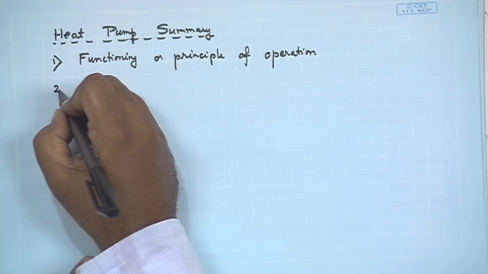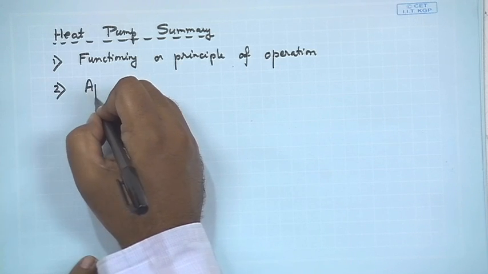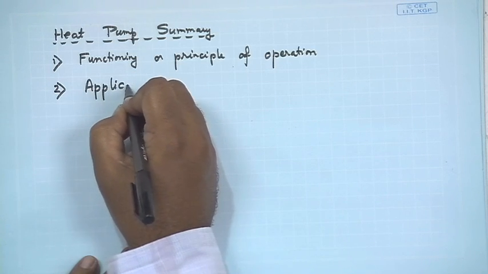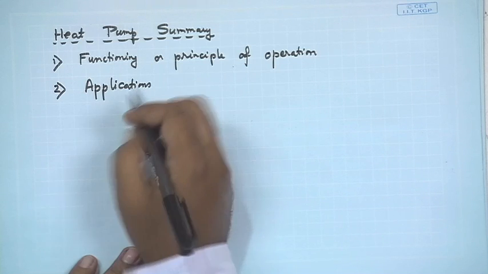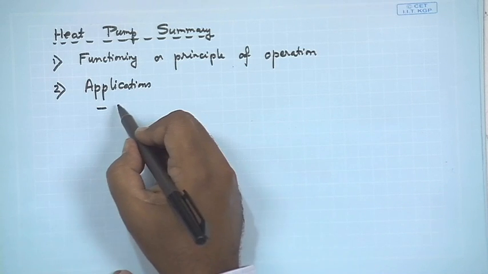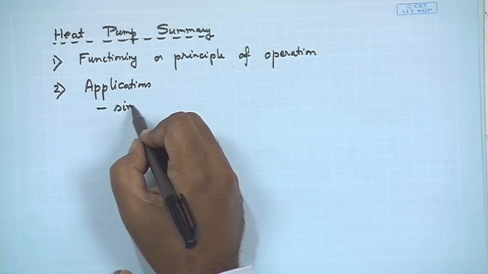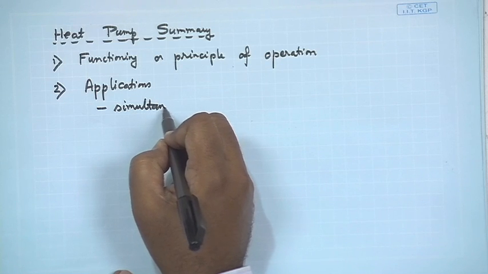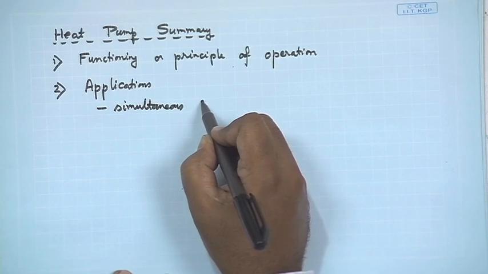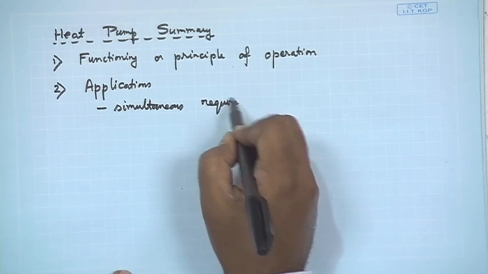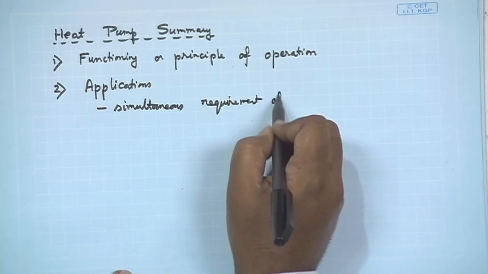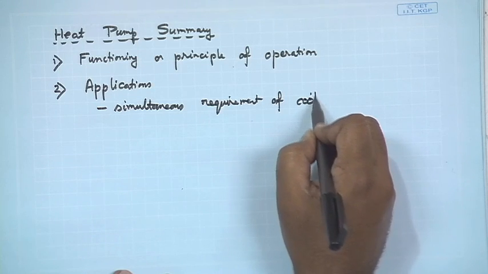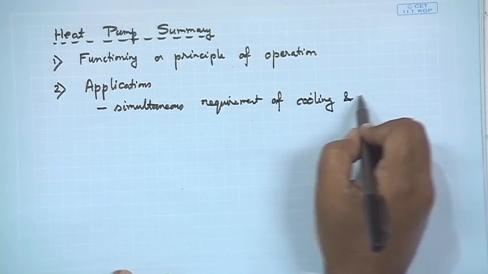Next, what we did was we went straight away into applications. So we saw that a heat pump is ideal when you have a simultaneous requirement of cooling and heating.